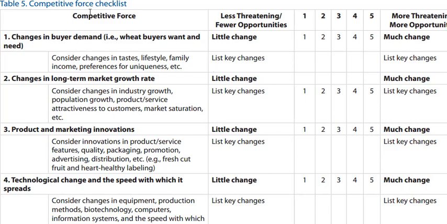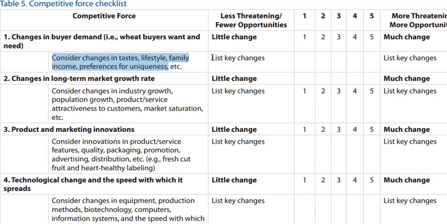First of all, we will talk about changes in buyers' demand, and that is what buyers want and need. To answer that, we will have to consider the changes in taste, lifestyle, family, income preferences, and so on. Collectively, we will answer how much these changes will occur.